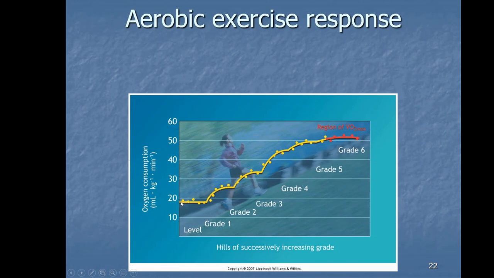And if we look at incremental exercise, we have different intensities shown here. This is showing it in hills, which is fine, but it's easier just to think intensities going up. So oxygen consumption goes up also. Even though it doesn't look completely linear here with the way they drew this line, if you drew a best fit line through here, it would be pretty linear.